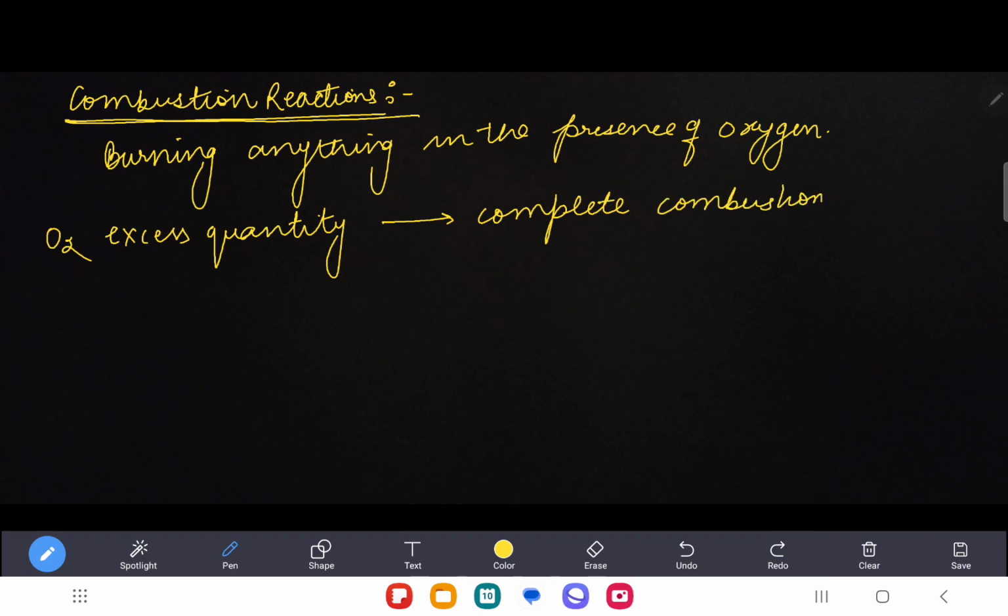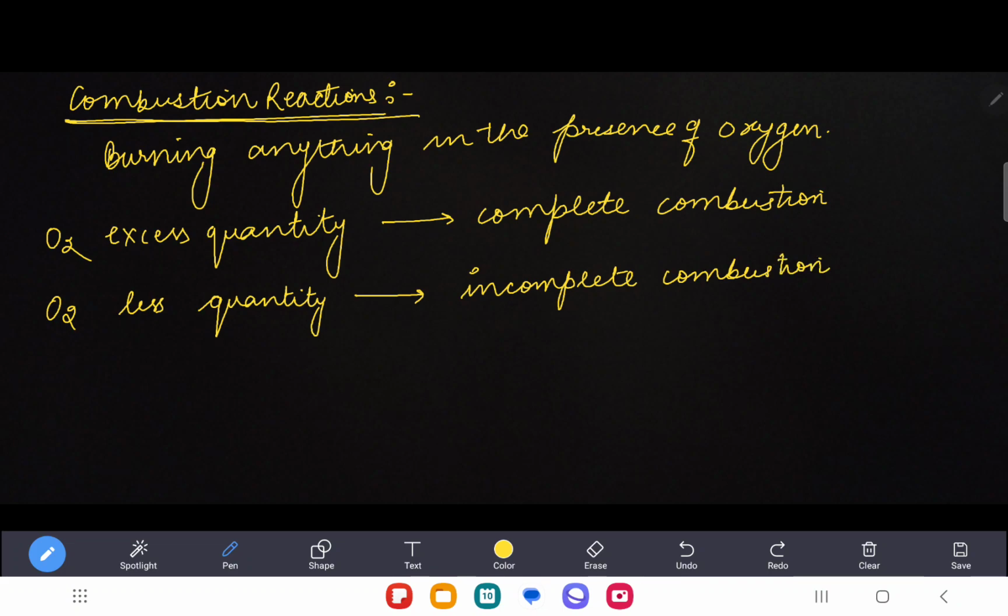Yes or no? And when the oxygen, O2, is present in less quantity, it is incomplete combustion. In incomplete combustion, the products are carbon monoxide and water.